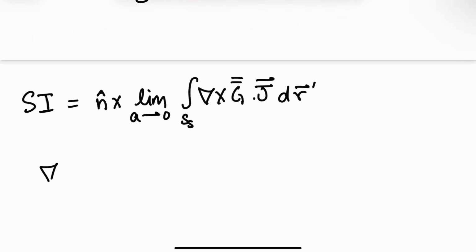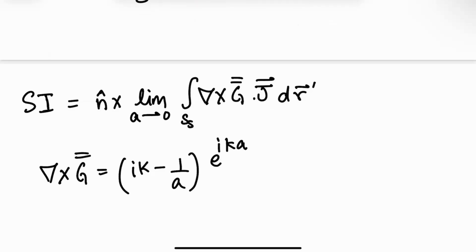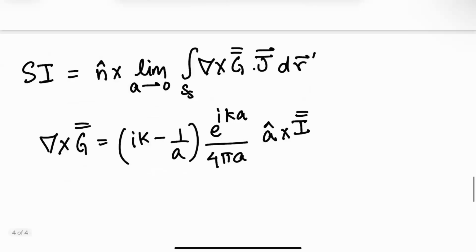So recall that curl of G, which we did when we did the dyadic Green's function lecture, is (ik minus 1 over a) e to the ika over 4 pi, a hat cross I, where we use capital R instead of a, but they're the same thing in this case. A is r minus r prime.